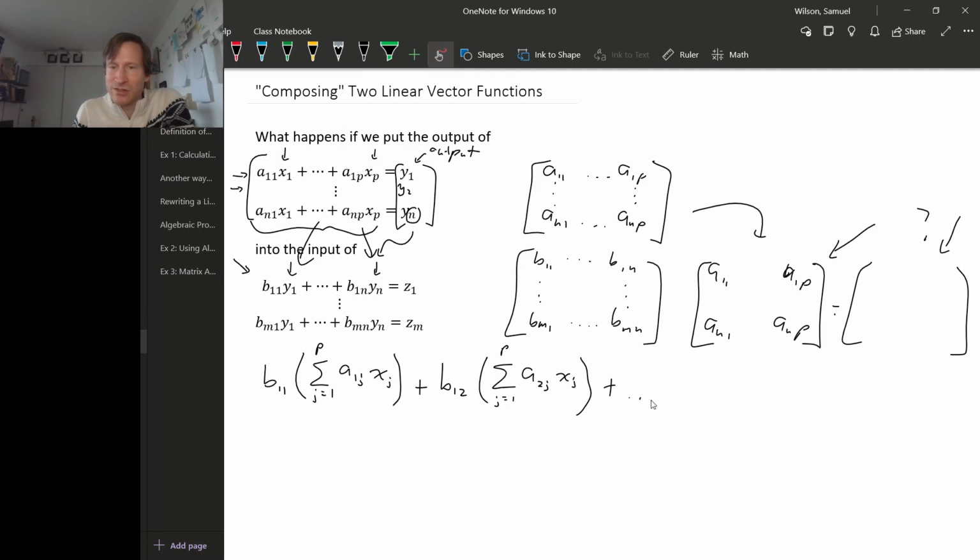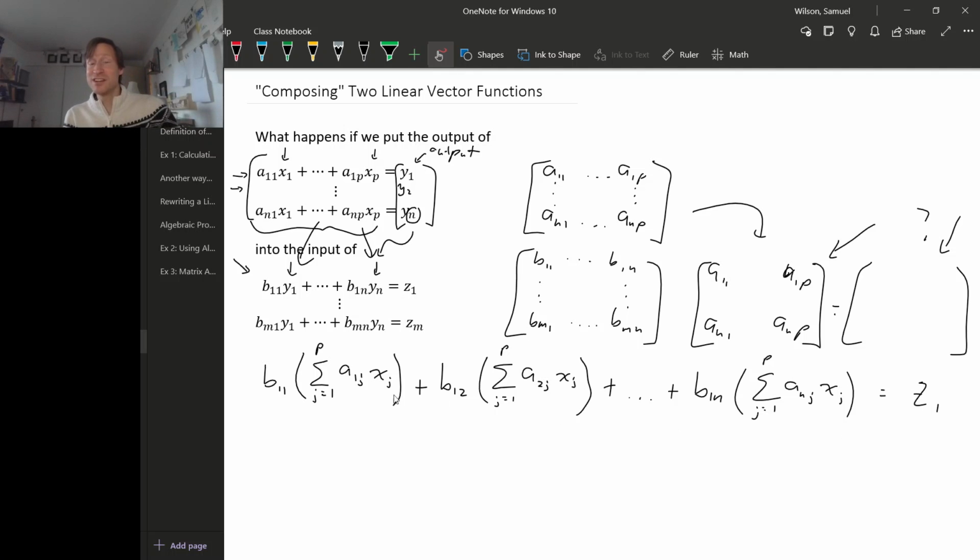Okay, plus and so on. You can see what's changing as we move from term to term in this first sum. What's changing is the subscript on little a here. So the last one is going to be b1n times the sum from j equals 1 to p of a n j xj. And then this is all z1.